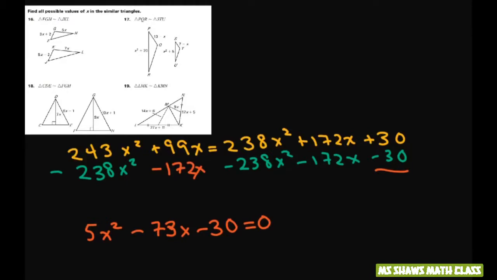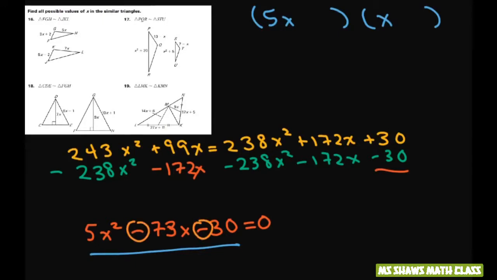Now all we have to do is factor this. So I know I need a 5 and an x. And they're both minus. So since I have a big number here, I'm going to try 15 and 2. So if I put a 15 here, that gives me a 75. And I probably want that to be negative 75, and a plus 2 here.